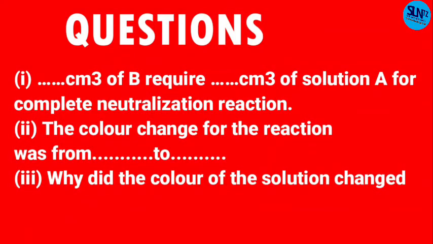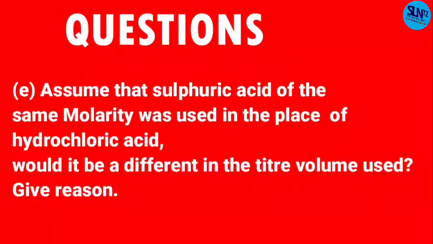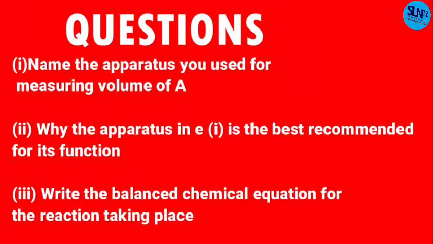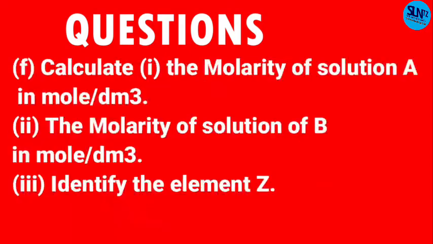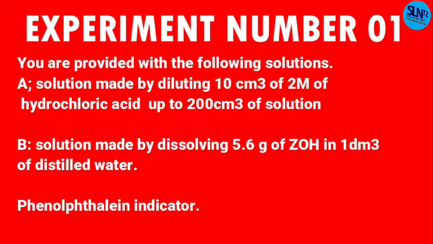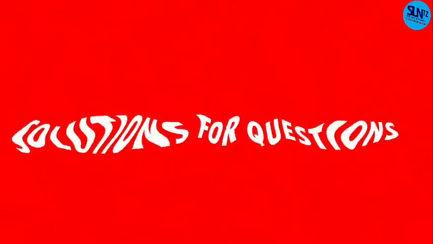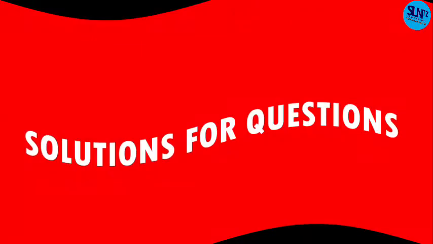After checking the questions, now let's check the answers by solving our questions. Remember that the previous data is very important to note. Let's check the solutions for the questions.